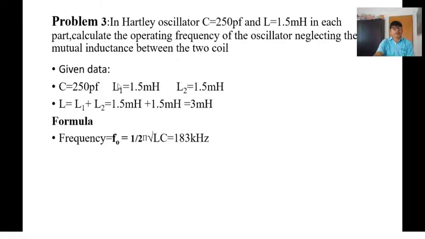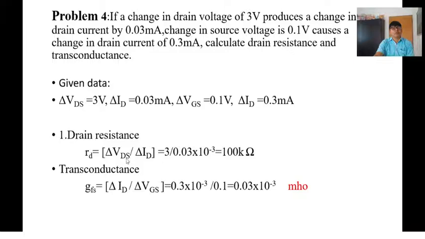So the given data is C equal to 250 picofarad, L1 is equal to 1.5 millihenry, L2 is equal to 1.5 millihenry, and therefore the total inductance is equal to 3 millihenry. Now I can calculate the frequency by using the standard formula 1 upon 2 pi square root of LC. If you substitute all these things, the operating frequency becomes 183 kilohertz.